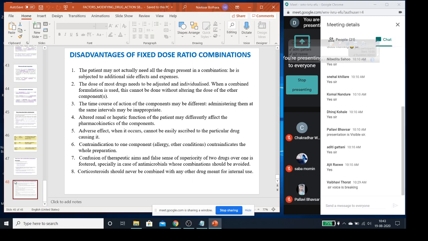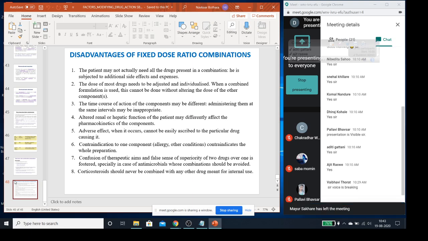Recently, people went to court and requested that it is going to harm everyone, therefore it should be continued. There are many such preparations. Examples are Vicks tablet, common cold tablets, where many drugs are added, or common cough syrups, etc.